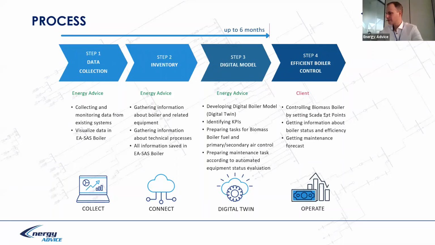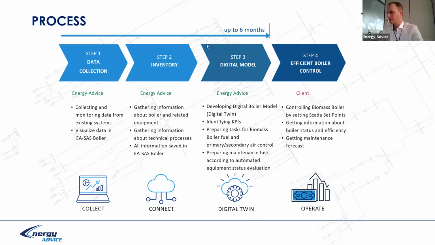You get the set points. You get information about efficiency, and you get maintenance forecast. So connect, digital twin, and operate. And this operation is related to, we issue billing each month, and this would be software as a service. We provide you service, and you pay a bill.